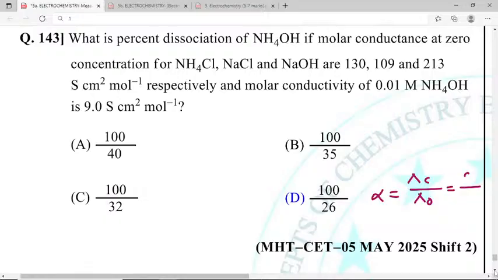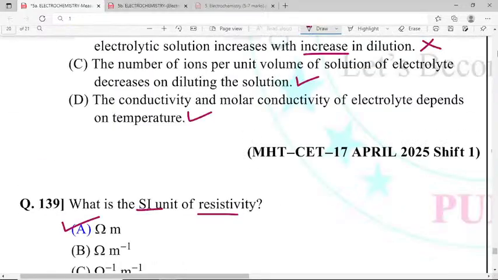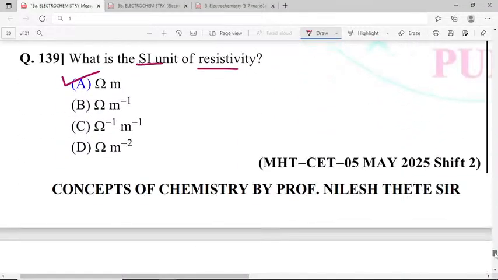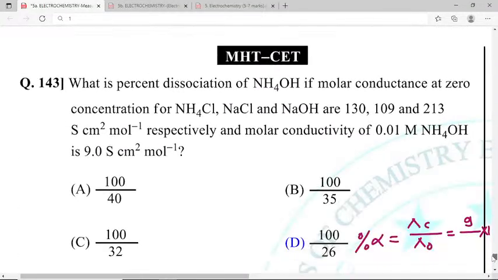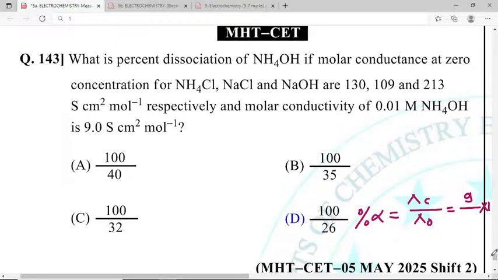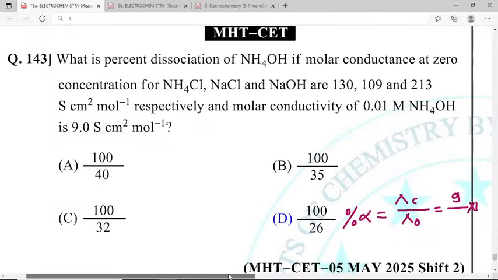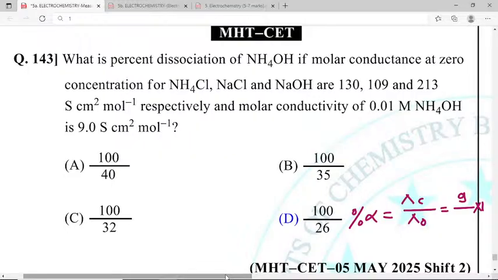And for percent dissociation, multiply by 100. So what is the number for lambda naught?